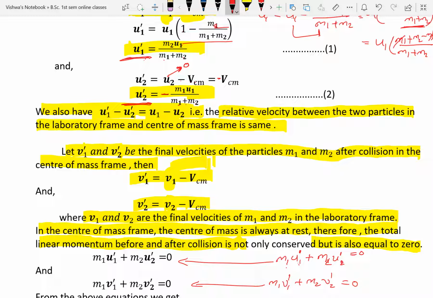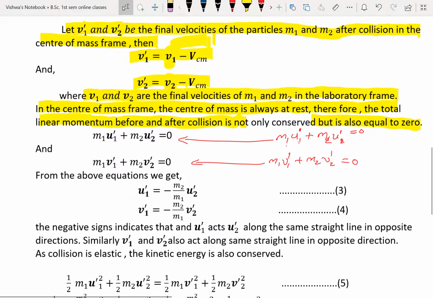Similarly, kinetic energy is also conserved in the case of elastic collision. For that we have to write the equation for kinetic energy. Before that, let us modify these two equations, that means we have to write the values of u1 prime and v1 prime. To write the u1 prime value, bring this quantity to the left hand side. When you bring this to the left hand side, this becomes minus m2 u2 prime, and since it is now a multiple of u1 prime, it becomes divided by m1.